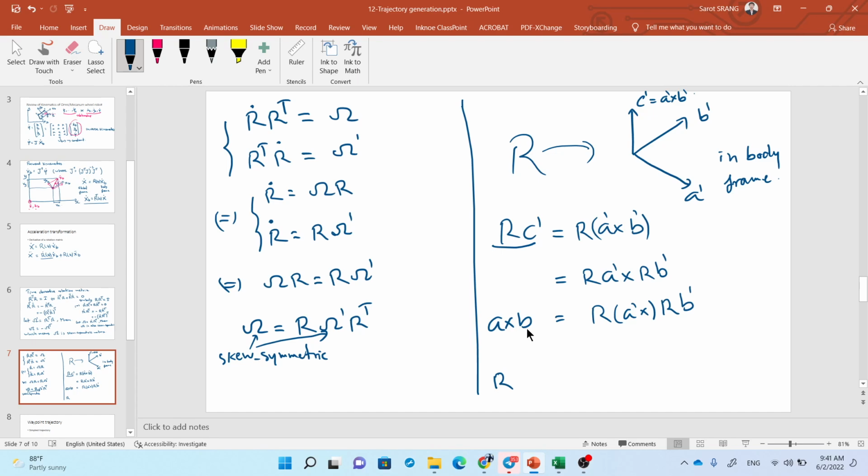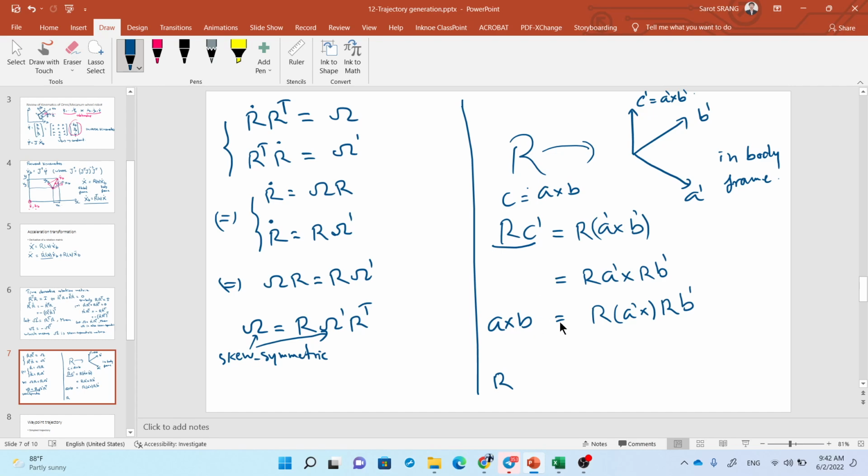What I'm trying to say is that after we transform B prime and A prime into the global frame, then the cross product between A and B must equal C, right?